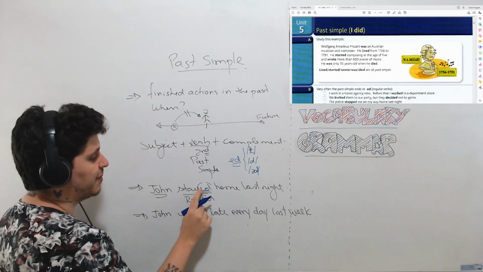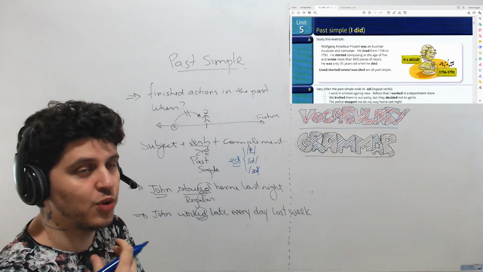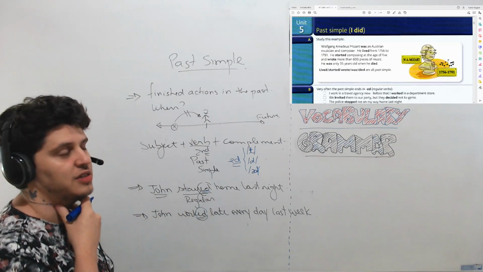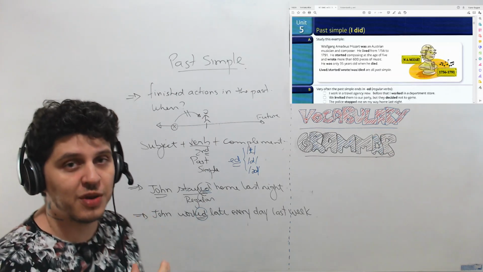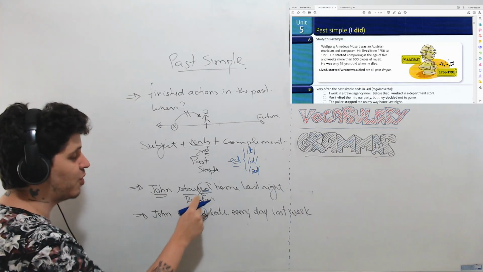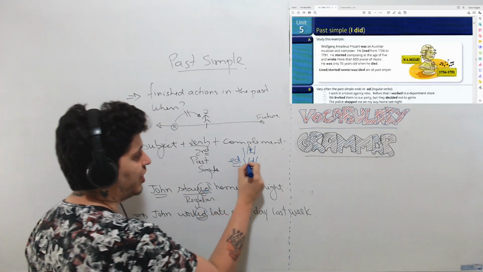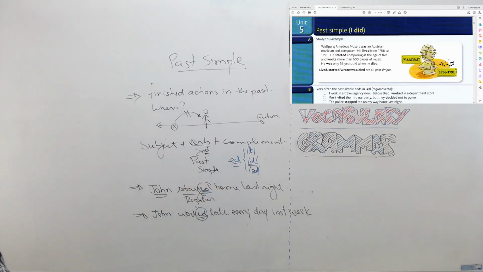So if the verb finishes in something that has got a vowel or that you use your vocal cords to say, like stay, if you put your hands on your throat, you see that you feel it vibrating. So your throat is vibrating because you're making use of your vocal cords, and because of that, you need to use the voiced sound, d, whenever you're using the ed particle. So the pronunciation is stayed.